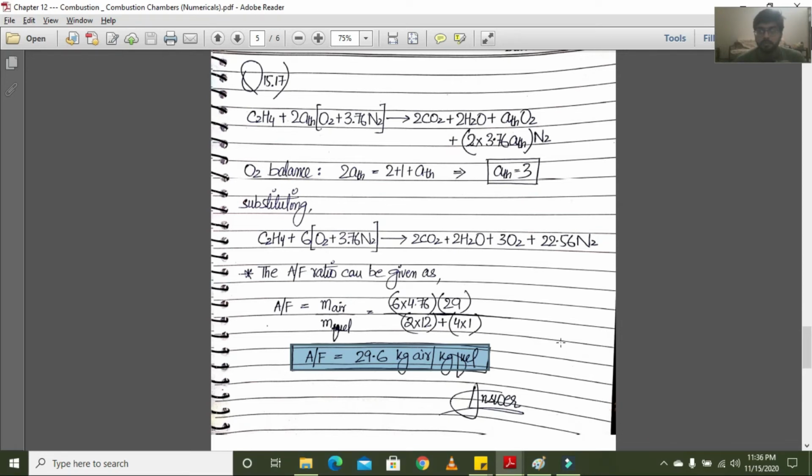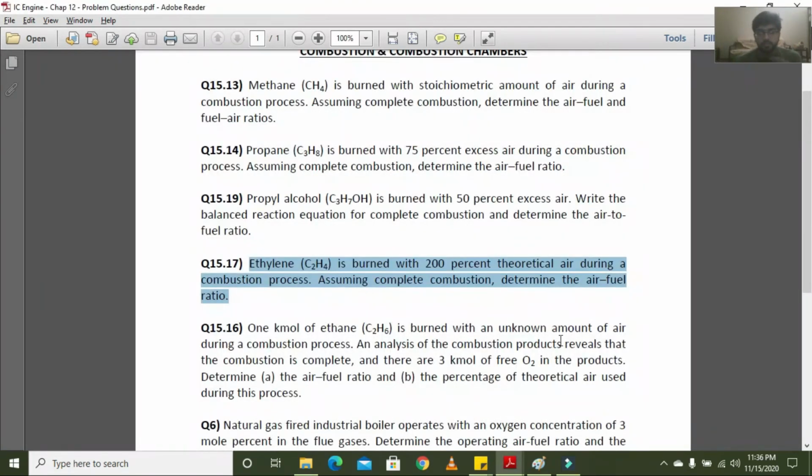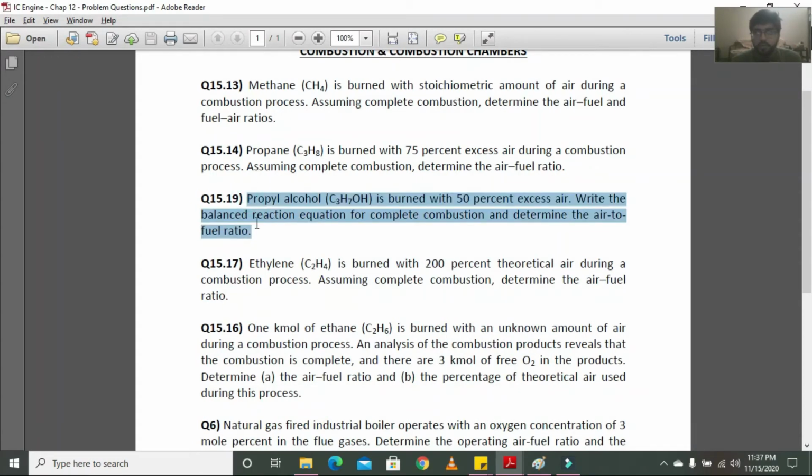So okay, now moving towards the next question. Now I'm going to start off with question 15.9, which I left earlier, because question 15-17 was similar to question 15-14, so I thought it would be better to explain these questions together.